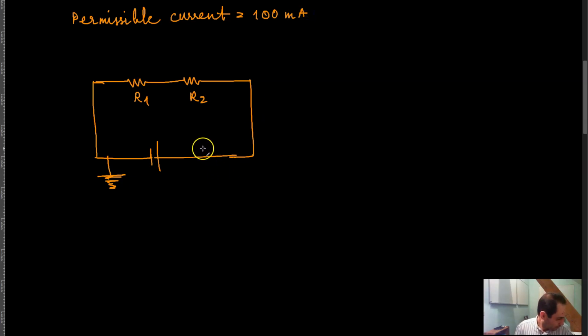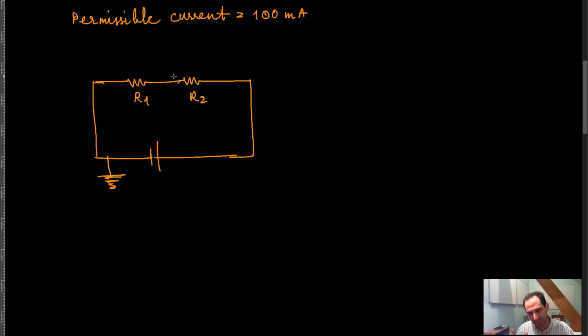So the permissible current in the circuit is equal to 100 milliamp, right? You want to design the circuit to draw this maximum current because that will offer the best voltage regulation for the circuit to be operated from the network or whatever.